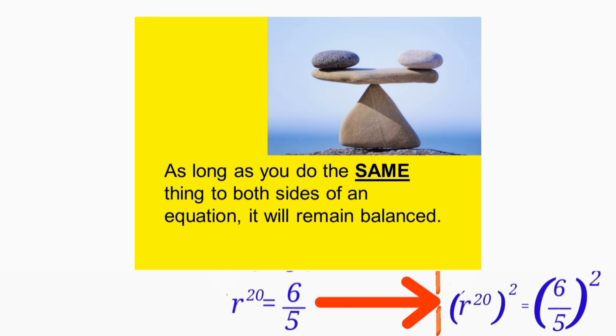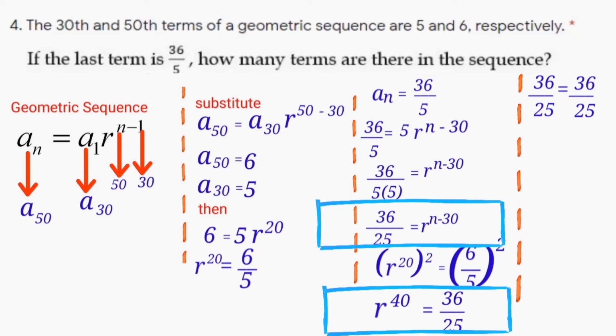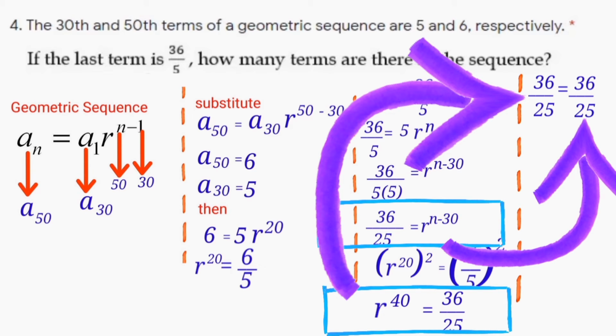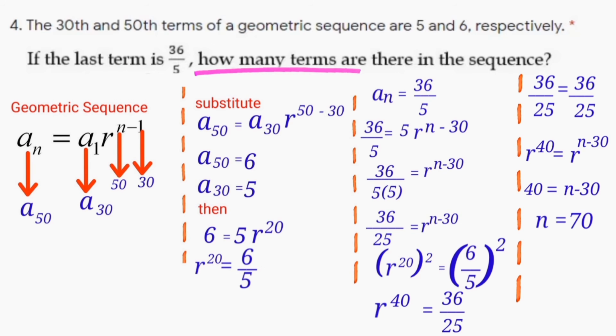Let's square r raised to 20 is equal to 6 all over 5 to get r raised to 40 is equal to 36 over 25. Equating 36 all over 25 to 36 all over 25, now we have r raised to 40 is equal to r raised to n minus 30. So 40 is equal to n minus 30, therefore n is 70.